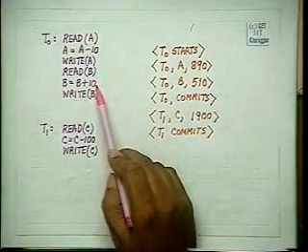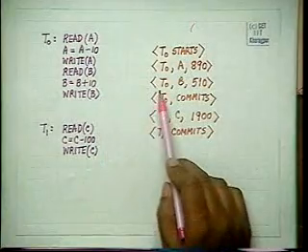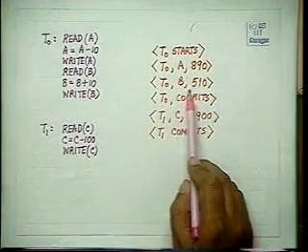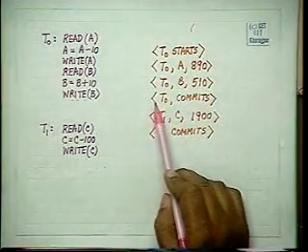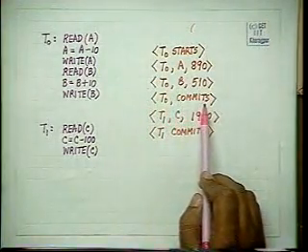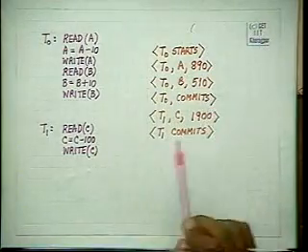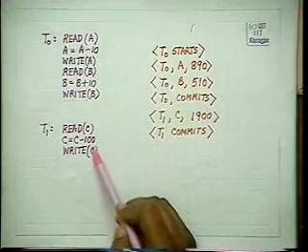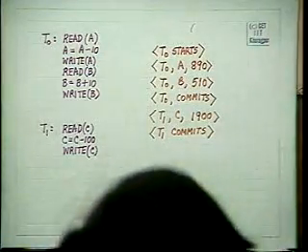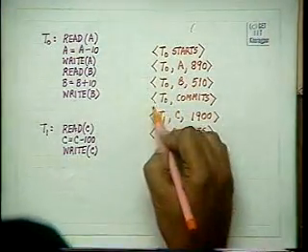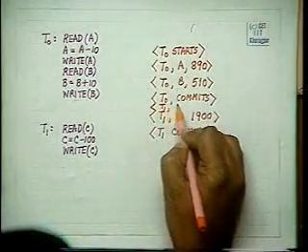Then we will read B, B plus 10, write B. Due to this, B was 500, it becomes 510, and after it reaches the committed state, we say T0 commits. And for C, oh sorry, I have missed out T1 starts. We will have T1 starts here.